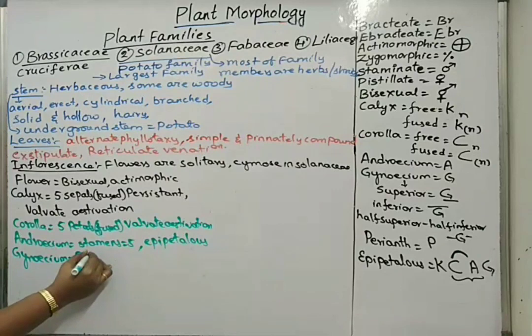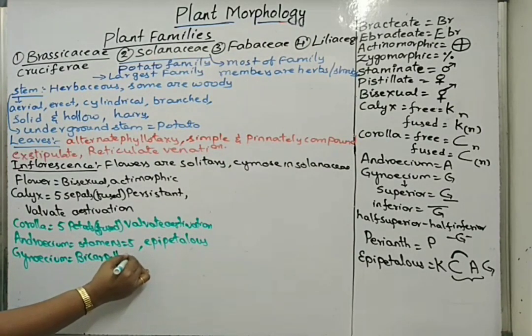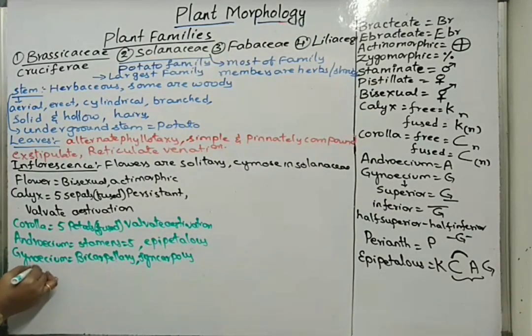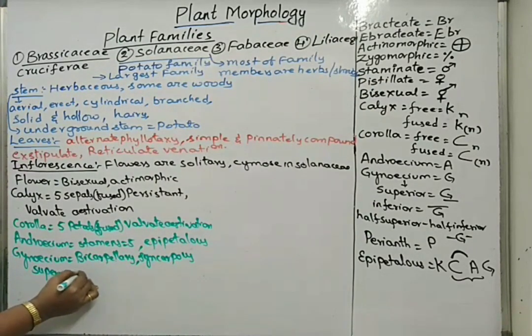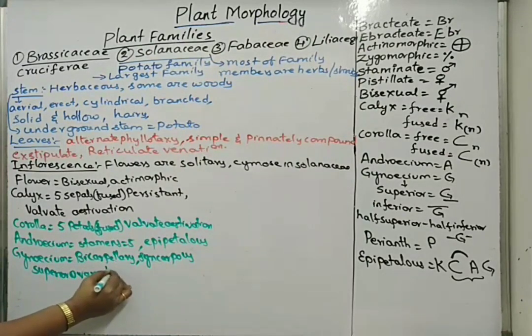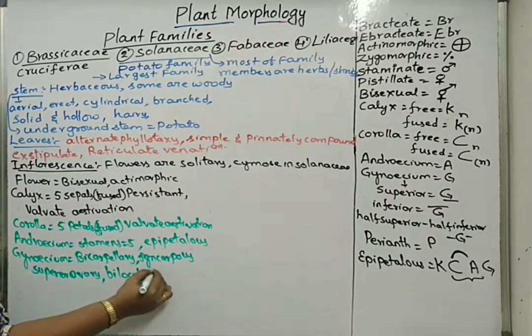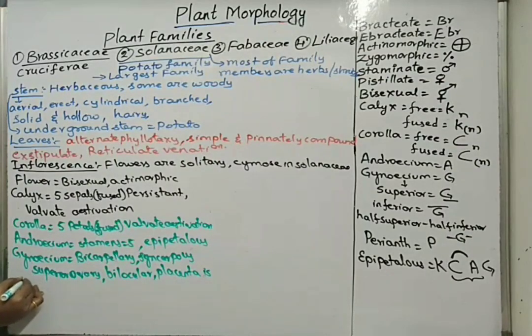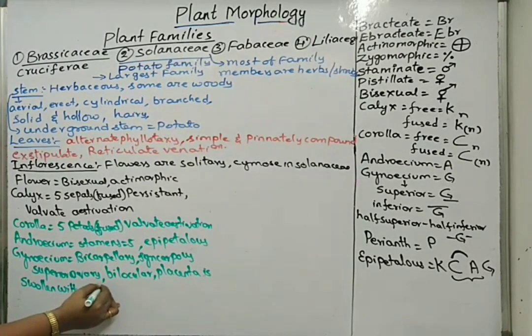Gynoecium has 2 carpels, so bicarpellary, syncarpous, superior ovary. 2 locules or chambers, so bilocular. Placenta is swollen with many ovules. Next, the type of fruit is berry or capsule.